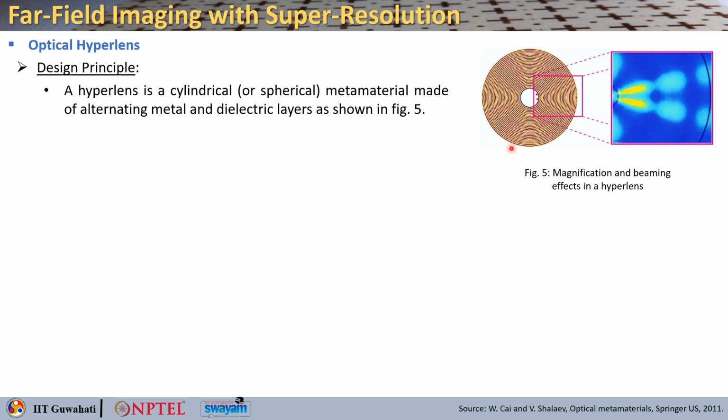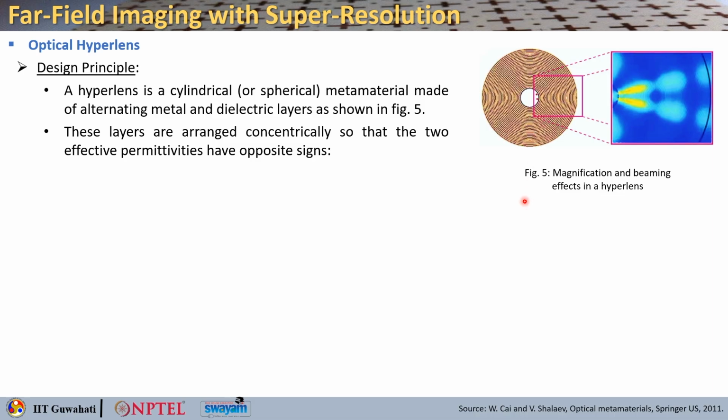Here you see a hyperlens is a cylindrical or spherical metamaterial that is made of alternating metal and dielectric layers, as you can see here. These layers are arranged concentrically, repeated layers. You need to make sure that the two effective permittivities have opposite signs.